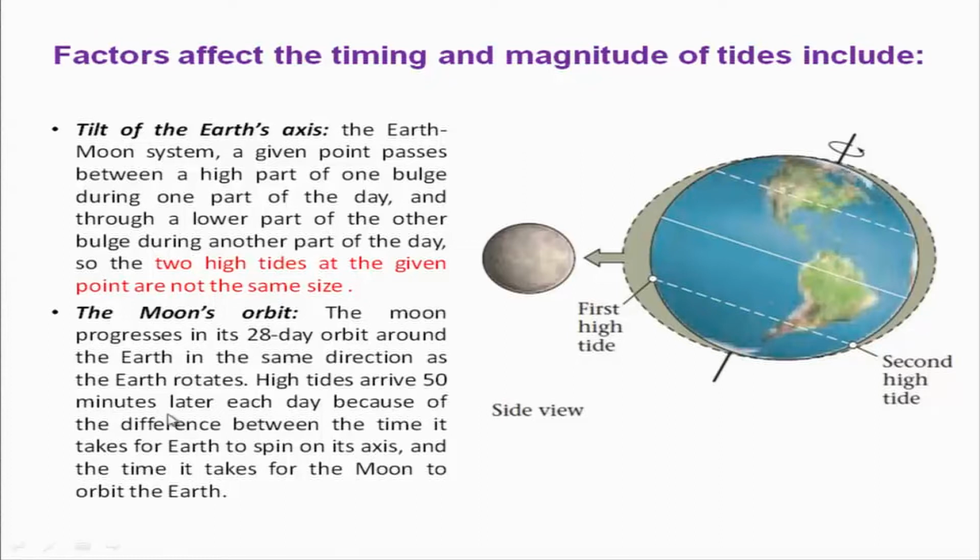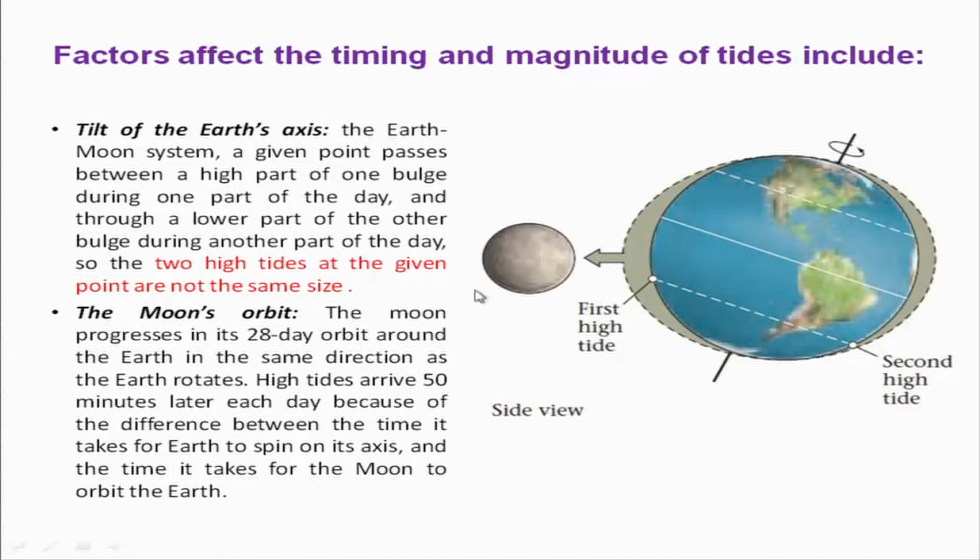High tides arrive 50 minutes later each day because of the difference between the time it takes for Earth to spin on its axis and the time it takes the Moon to orbit the Earth.